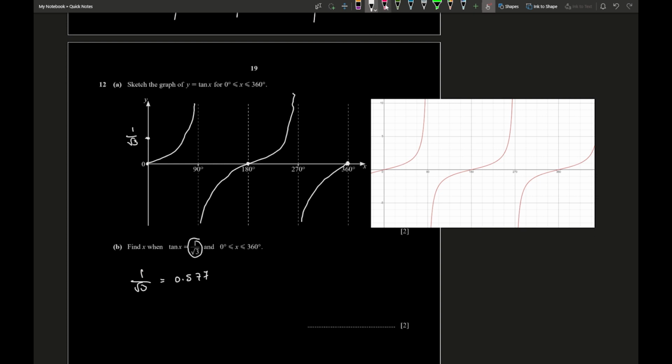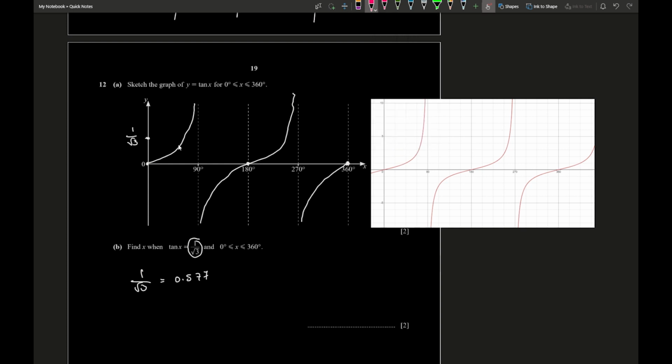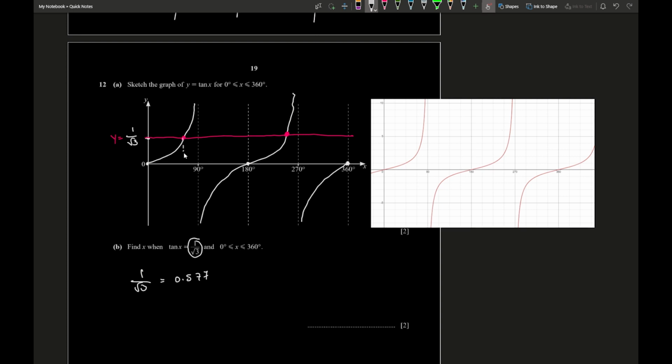The line y is equal to 1 over square root of 3 looks like this. The points of intersection are these two points, and your goal is to find the values of x at which these two graphs meet.